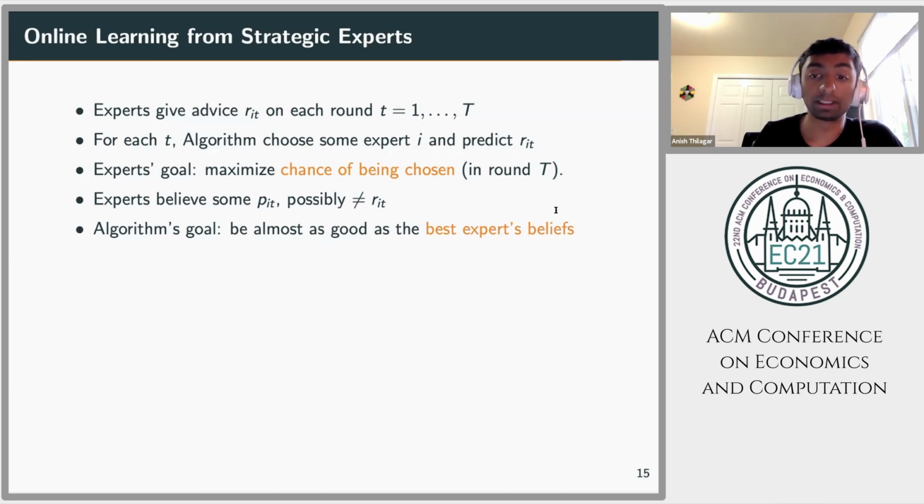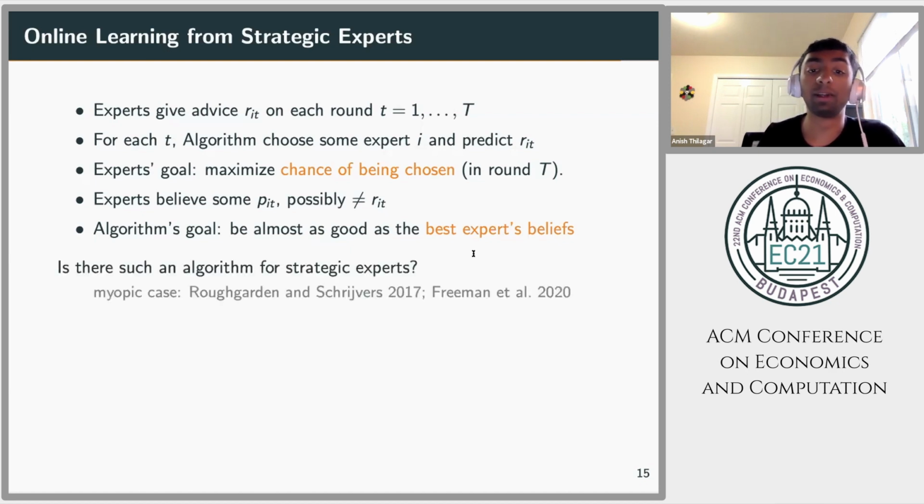So the question is: is there such an algorithm for strategic experts? The myopic case, when the experts only look one round ahead and just care about being chosen in the next round, has been studied previously and there are known results. But in the non-myopic case, this is still an open question.